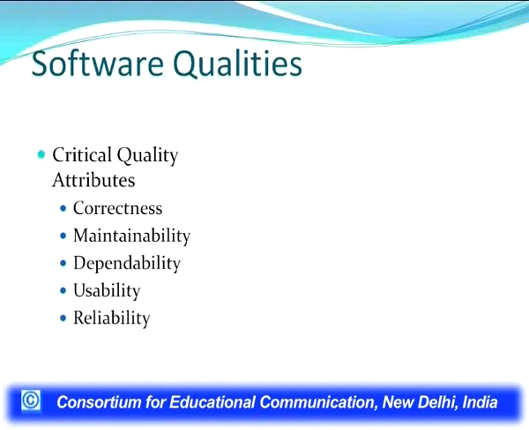Only if software is reliable can it be used in proper organizations. So these attributes, these critical qualities, correctness, maintainability, dependability, usability and reliability, are very important factors for the development of software.